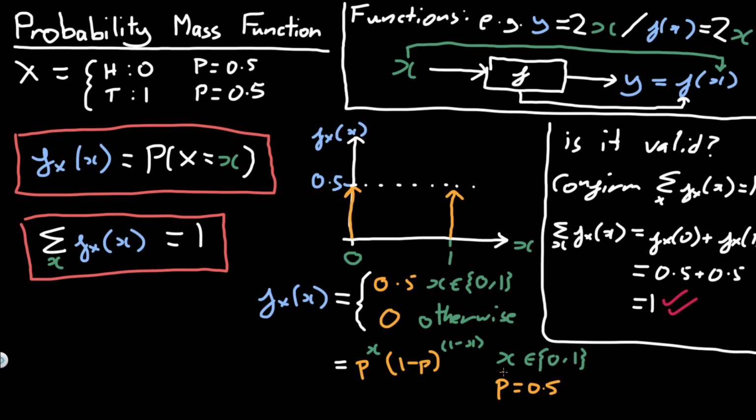And this will be valid for any value of p because if we sum over all of the input x's, you simply get, again, the 1 minus p term plus p. So 1 minus p plus p is 1. And so we fulfill this condition right here, making it a valid probability mass function.